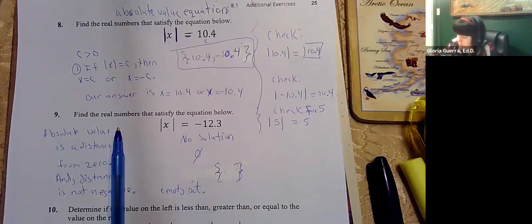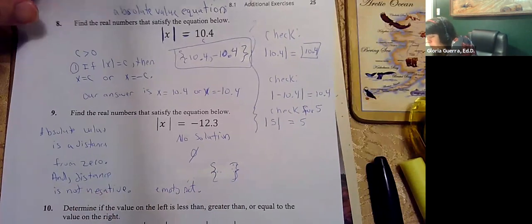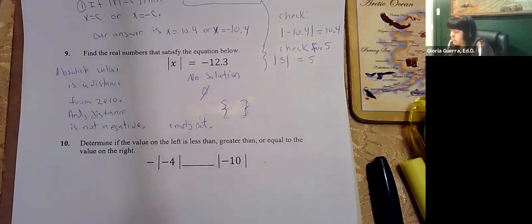Let's look at 10. Determine if the value on the left is less than, greater than, or equal to the value on the right. This one has 3 parts to it.